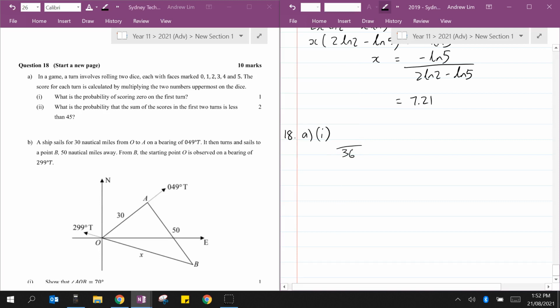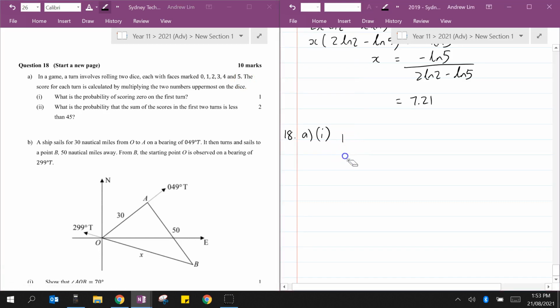Of those that multiply to 0, there would be 12 of them. Is that correct? Because you can have 0 and 0, 0 and 1, 0, 2, 0, 3, 0, 4, 0, 5, or the second one being 0. Was that only 11?